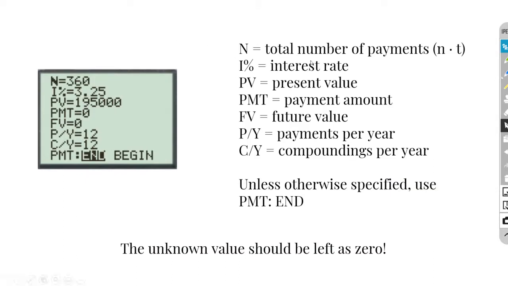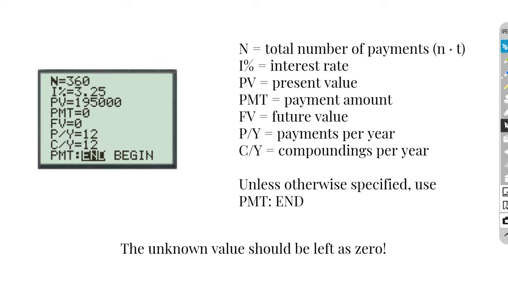Okay, so capital N is going to be the total number of payments that you have over the full term of your loan. So that's going to be n, which is the number of payments in a year, times t, which is the number of years. I% is our interest rate. So that's where you're just going to enter the interest rate that you've been given. You don't have to enter it as a decimal, simply enter it as a percentage.